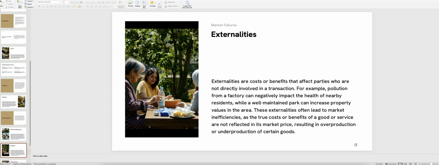In fact, for environmental economists, it reinforces how important market mechanisms and pricing mechanisms are. Without those things, we have overproduction or underproduction of certain goods.